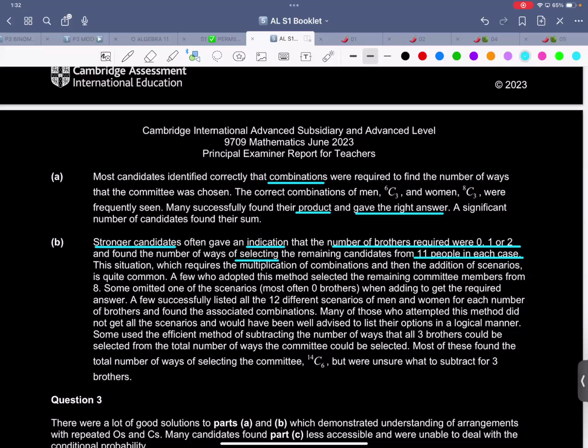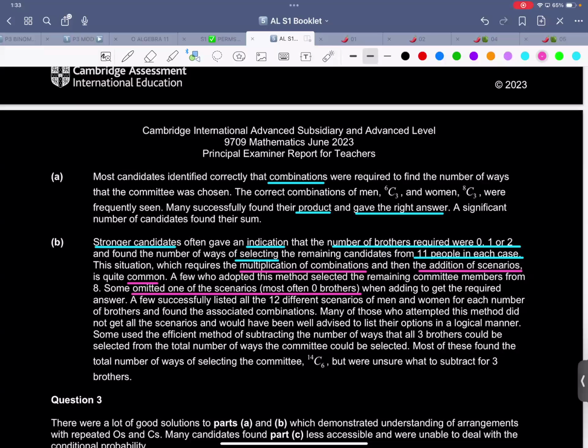This situation requires the multiplication of combinations and the addition of these scenarios, and is quite common. A few have adopted the method, selected the remaining committee members from 8. Some omitted one of the scenarios. So this is a mistake. Some omitted one of the scenarios, most often 0 brothers, when adding to get the required answer.